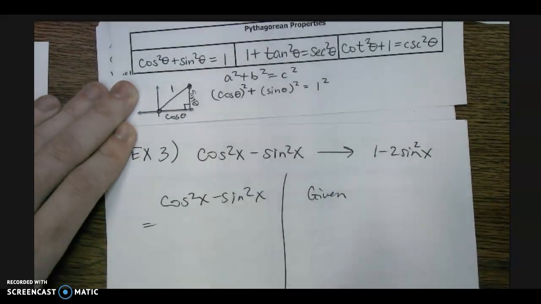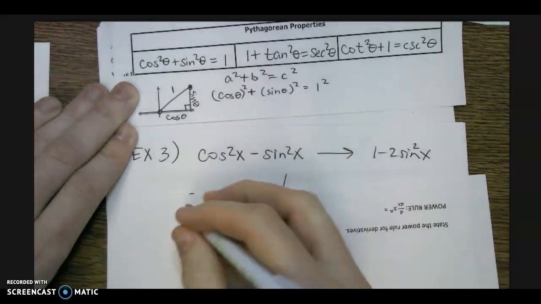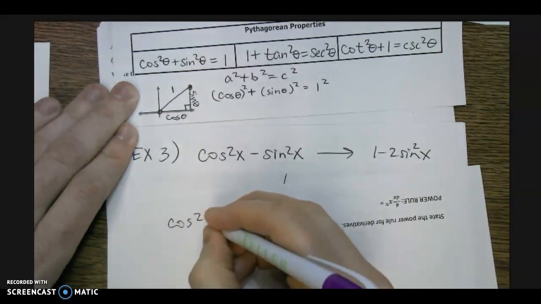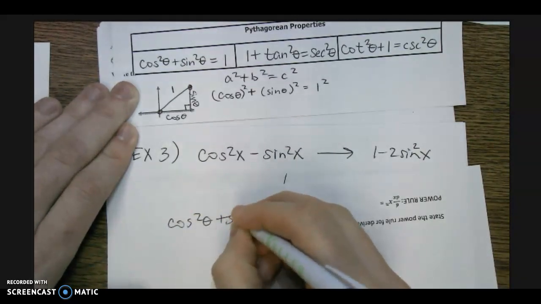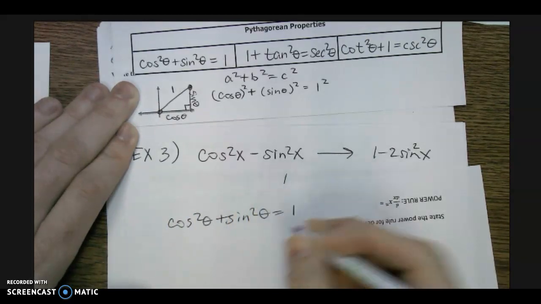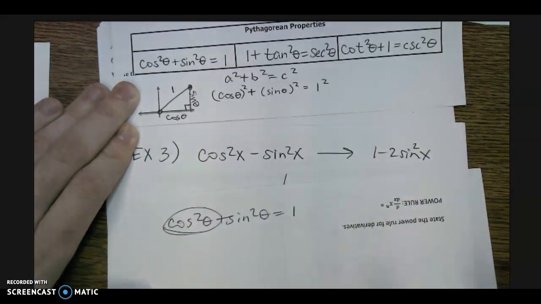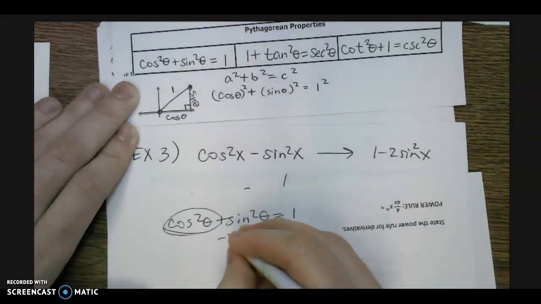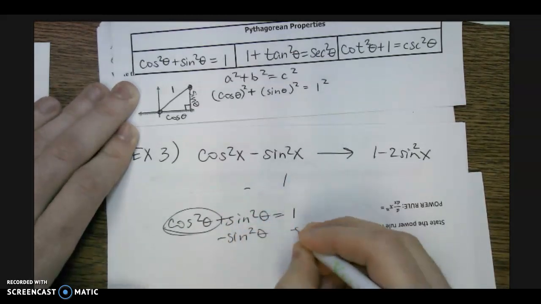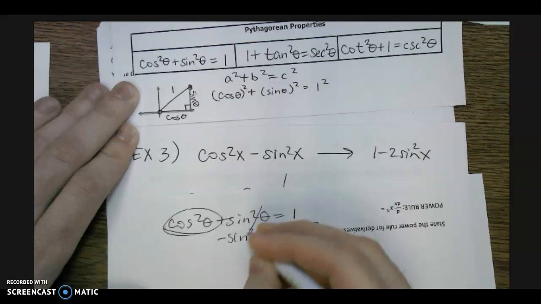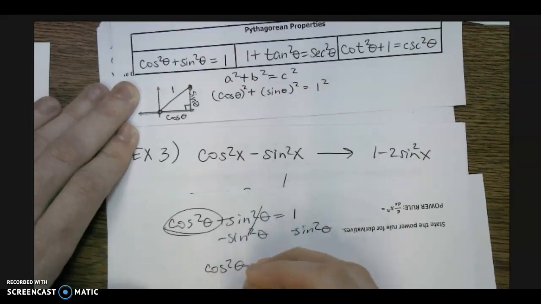So let me do that on another sheet of paper real quick. This is my property. Cosine squared plus sine squared equals 1. But I want just a cosine squared. So I'm going to subtract sine squared to the other side. And that gives me cosine squared theta equals 1 minus sine squared theta.